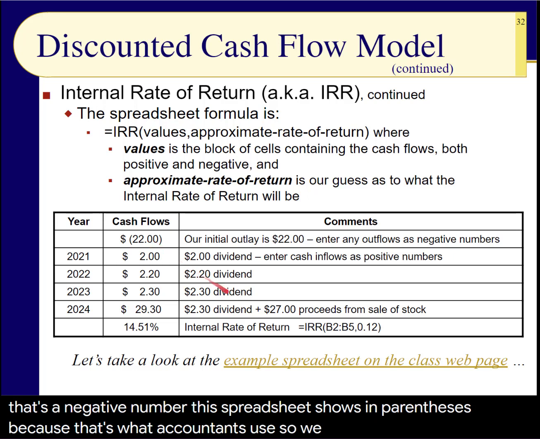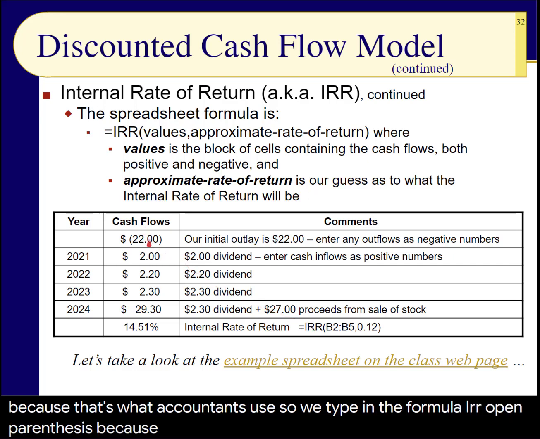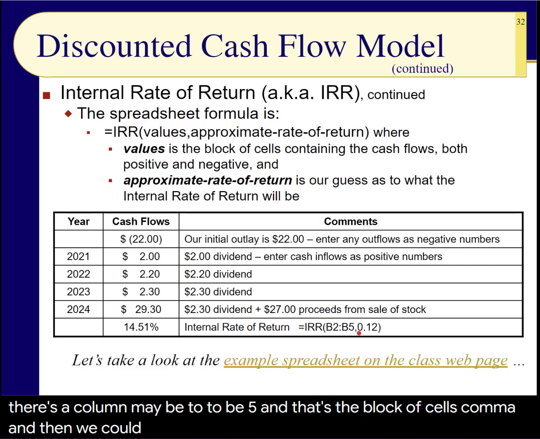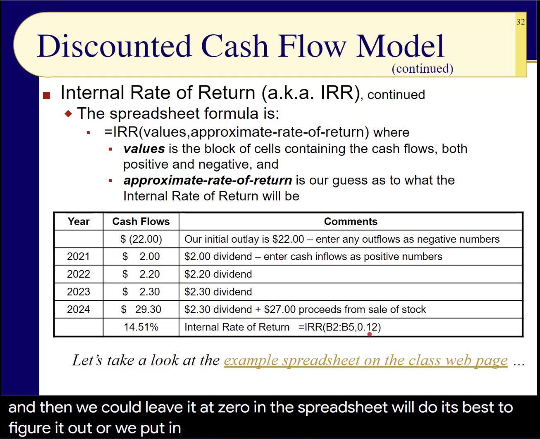So we type in the formula, internal rate of return equals IRR, open parentheses, B2 to B5, that's the block of cells, comma, and then we could leave it at 0, and the spreadsheet will do its best to figure it out. Or we put in what we think it is, which is 12%.